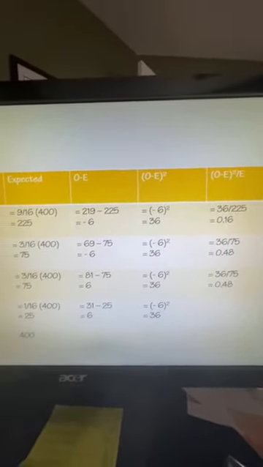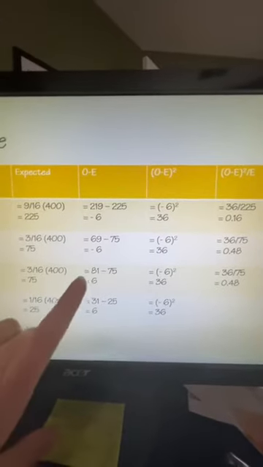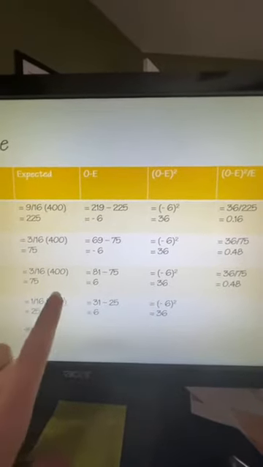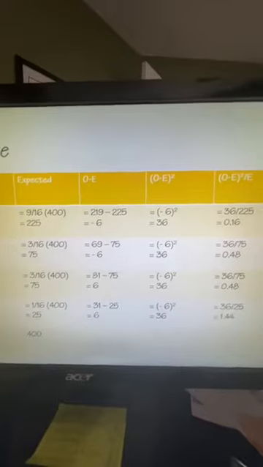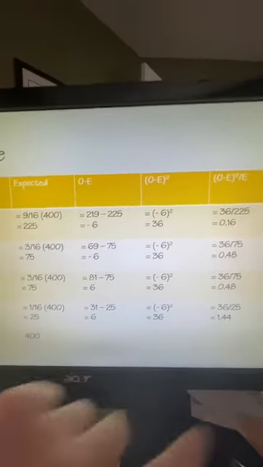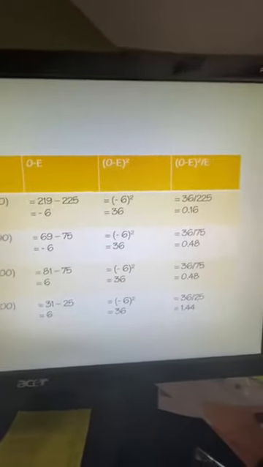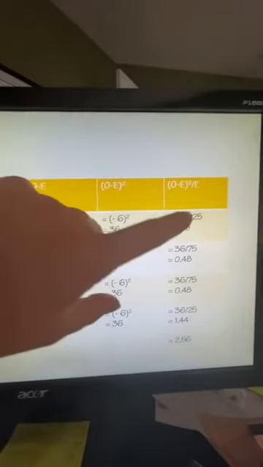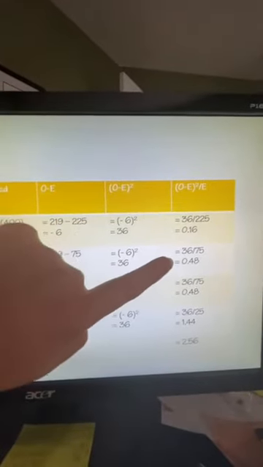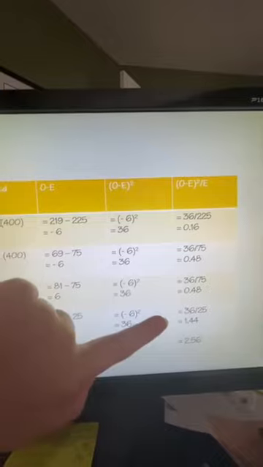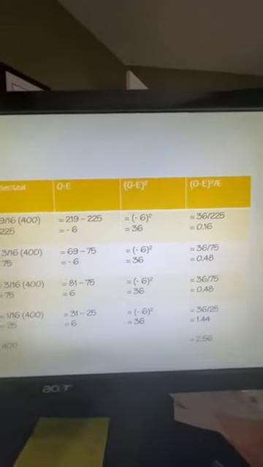We take 36 divided by 75 again, and that gives 0.48. And last but not least, 36 divided by 25, which gave me 1.44. So the final number is going to be our chi-square. We add all these together: 0.16 plus 0.48 plus 0.48 plus 1.44, and you get a value of 2.56. Yay! We solved for chi-square.